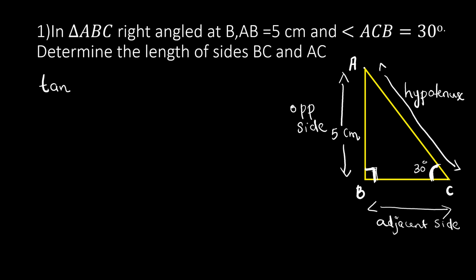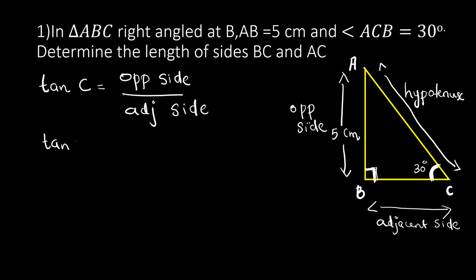What is tan C? We know that tan of an angle is opposite side divided by adjacent side. Here angle C is given, that is tan of 30 is opposite side by adjacent side. Opposite side is 5 and adjacent side we have to find, here it is BC, 5 divided by BC. Now what is BC?